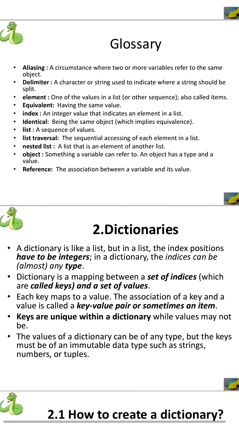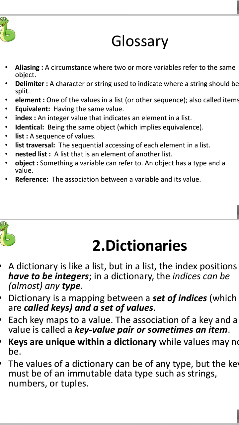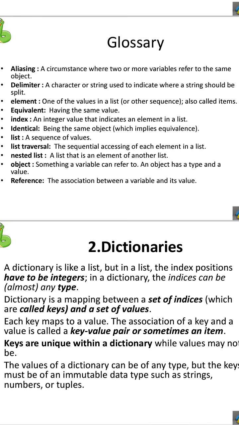There are a few definitions. Aliasing: a circumstance where 2 or more variables refer to the same object. Delimiter: a character or string used to indicate where a string should be split. As we have studied, we have used a delimiter in the case of split and join methods.